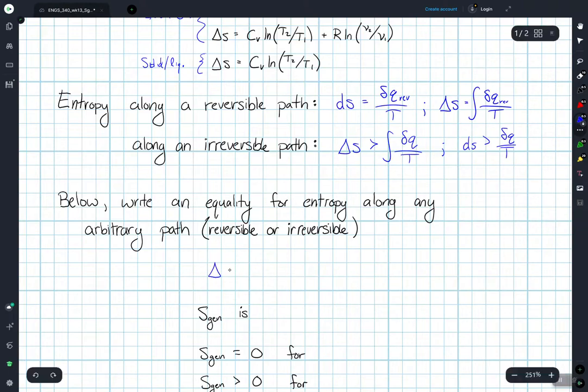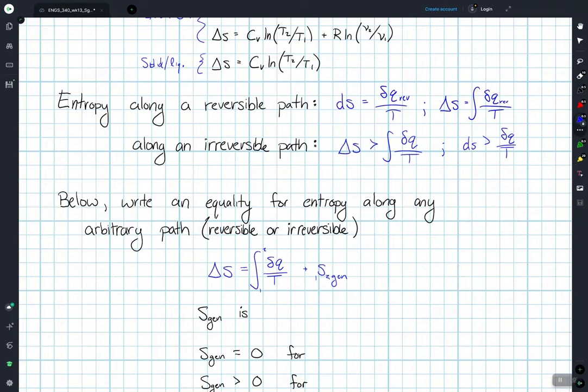Let's write delta S is equal to the integral of our path-dependent heat transfer Q over T from, say, state 1 to state 2, plus some amount of entropy that was generated. We'll call it S12 gen.